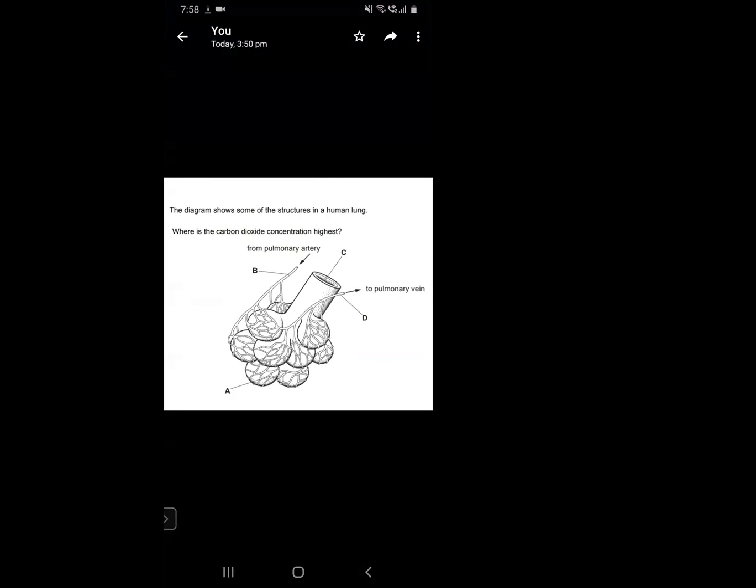Okay, the diagram shows some of the structures in a human lung. Where is the carbon dioxide concentration highest? It's the part B from pulmonary artery. Carbon dioxide concentration highest. Okay, can you explain your answer?